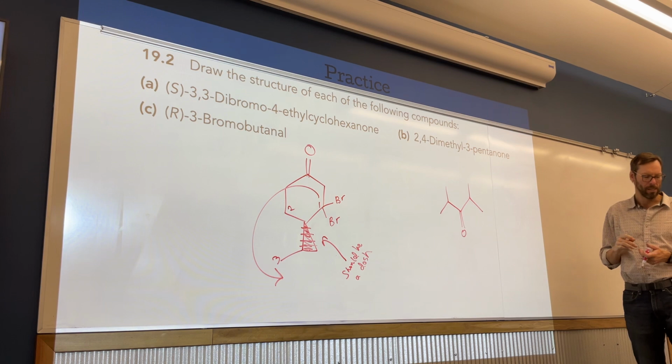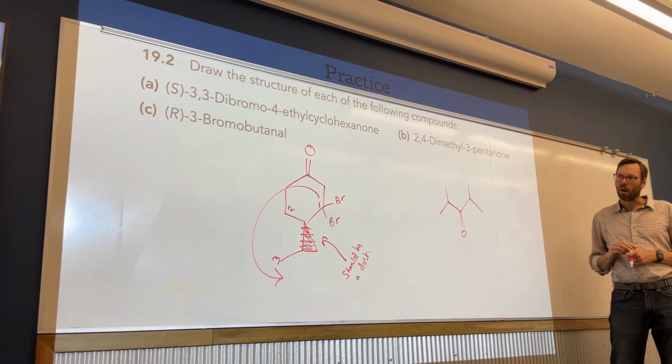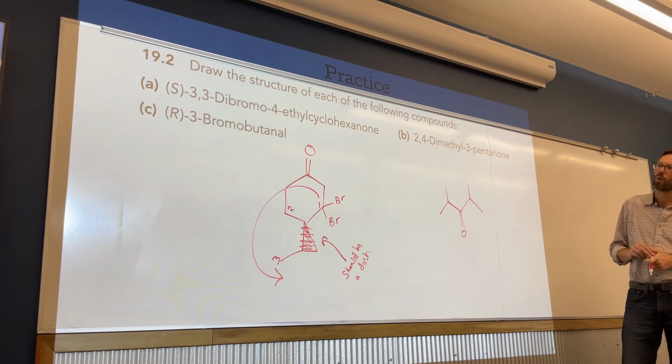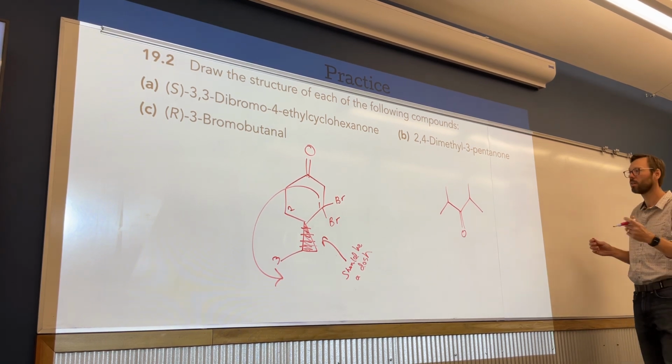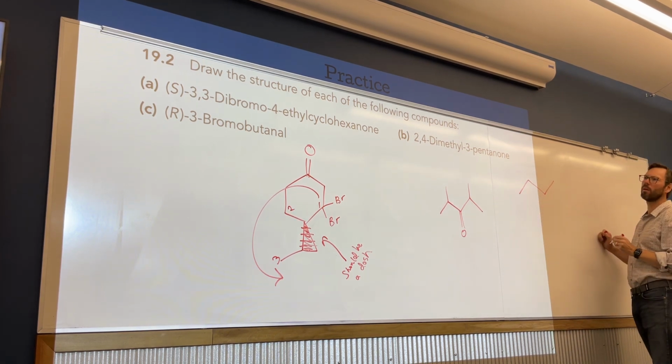R-3-bromobutanal. So butane is 4 carbons: 1, 2, 3, 4.